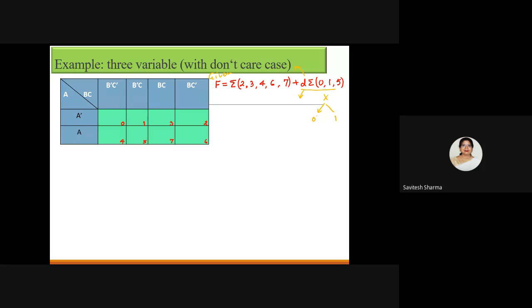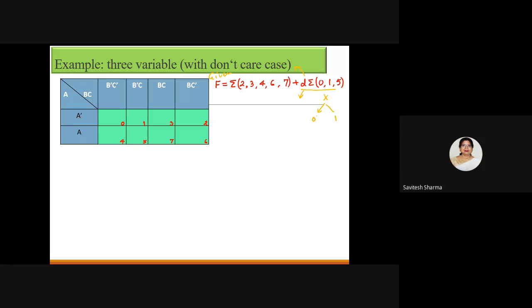Got it? Now I am telling you another type of problem in which minterms are given, but in that some don't care cases are there. So what are the don't care cases actually? If you have total 16 combinations, out of them you cannot judge what the output is.